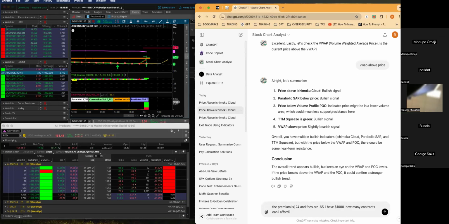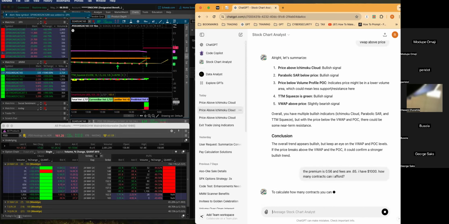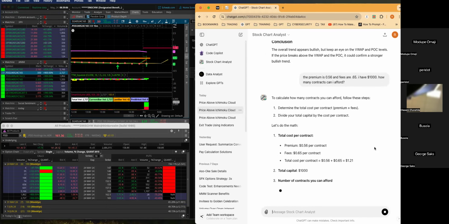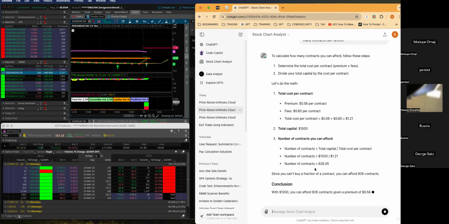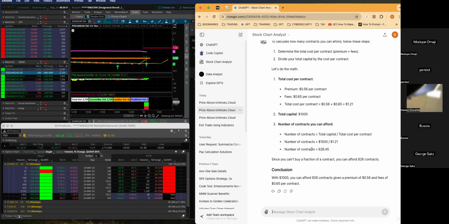So you can see the premium is 0.56, and the fee for this platform, they charge you 65 cents per contract. Let's say you have 1,000, how many contracts can I afford? Ask that question, it will give you this analysis. It tells you the number of contracts you can afford, 286.26. Just make sure you only go with the number before the decimal, because you can only buy whole contracts. So it tells you that you can afford 286 contracts. It's just kind of stuff like this.